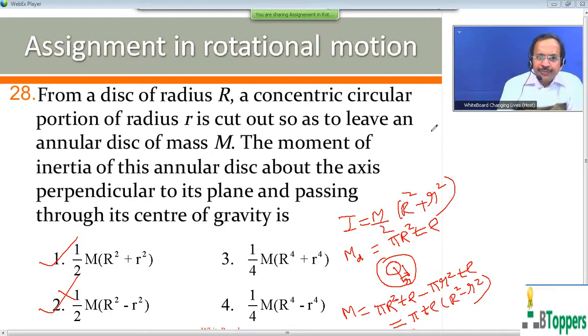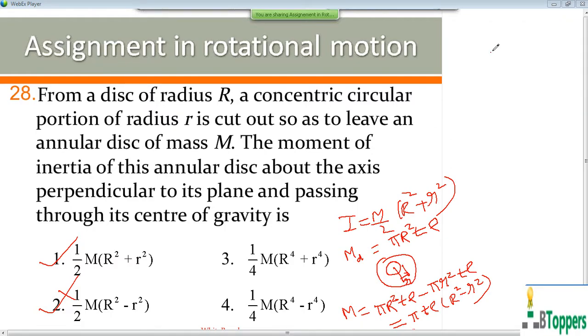So this is the mass of the annular disk, meaning the circular disk of radius capital R in which a small circular portion of radius small r is removed. We call it an annular disk.